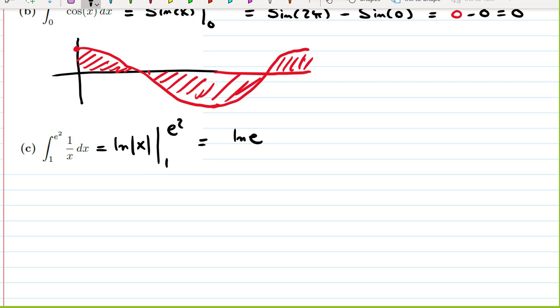So that gives us the natural log of e squared minus the natural log of 1. And I'm dropping the absolute values because they're both positive. E and natural log are inverses, so they cancel out. We get 2 minus, and the natural log of 1 is 0. So the value of that integral is 2. So the area underneath the curve 1 over x between 1 and e squared has area 2.